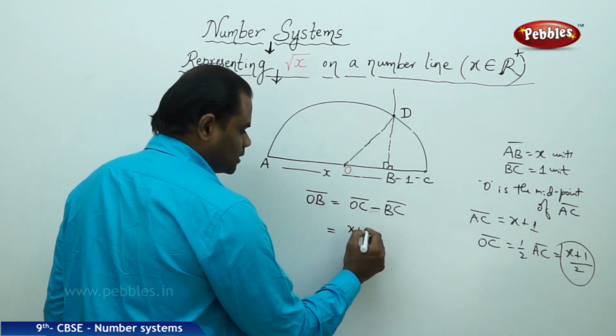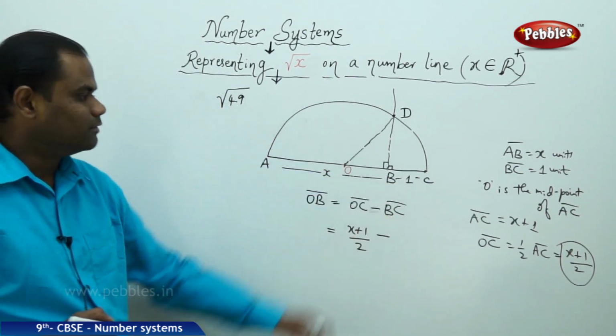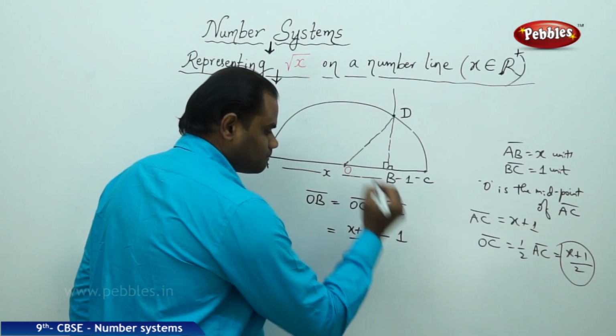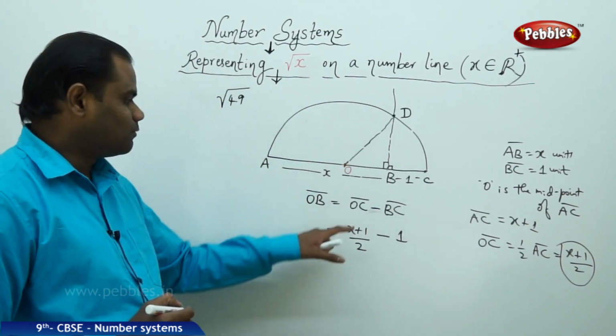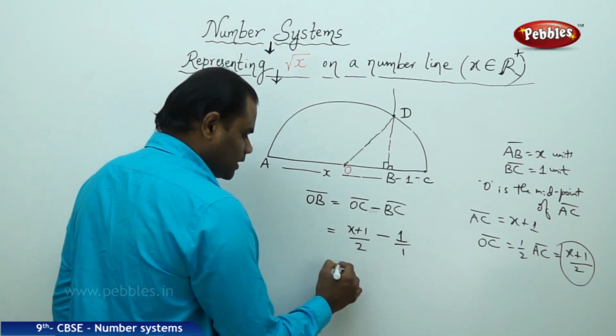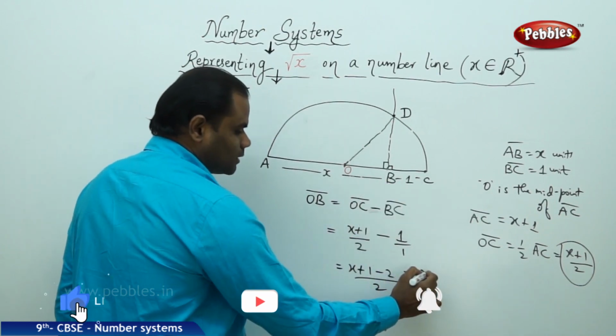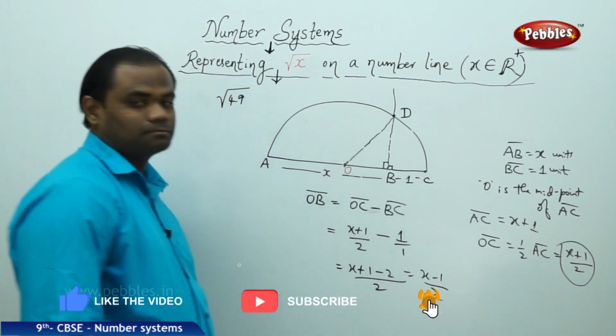I substitute OC as x plus 1 by 2 minus BC, which is 1. Substituting for OC and BC respectively, on further simplification I get x plus 1 minus 2 by 2, and this gives me x minus 1 by 2.